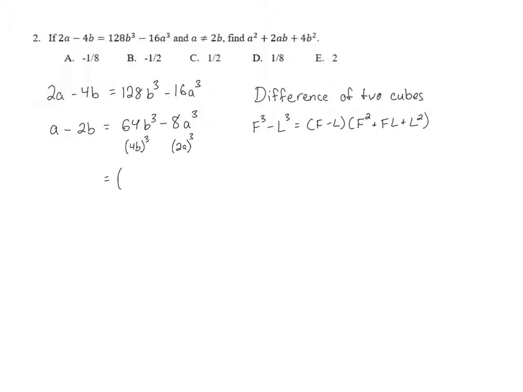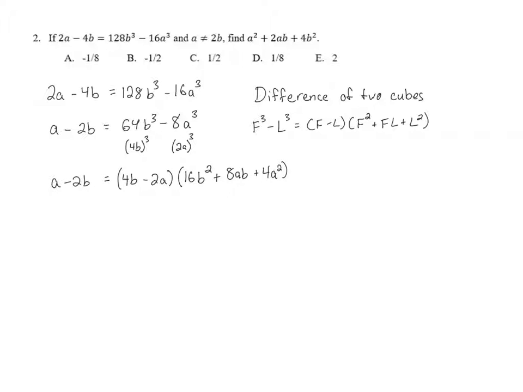That's going to be 4b minus 2a. And then we have the first term squared. That's going to be 16b squared plus the product of those terms. 4b times 2a is 8ab. And then plus the last term squared, 2a quantity squared is 4a squared. And we know that this is going to be a minus 2b.